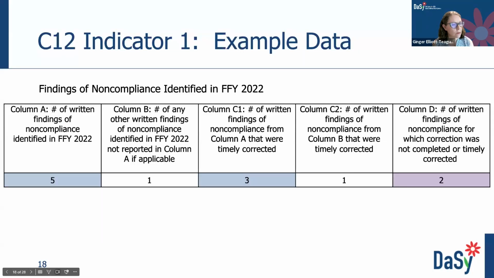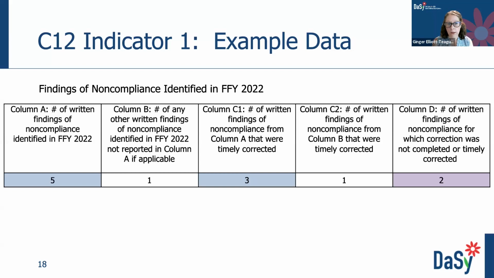So when we look at the next slide, these are the numbers that they reported for indicator 12 related to indicator 1. In column A, they had 5 findings that were pulled from the indicator 1 tables.